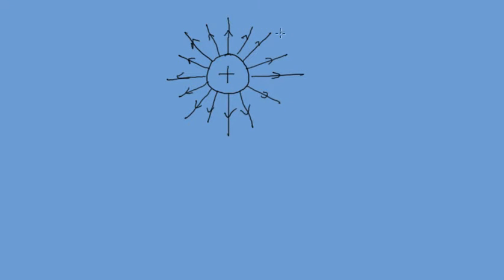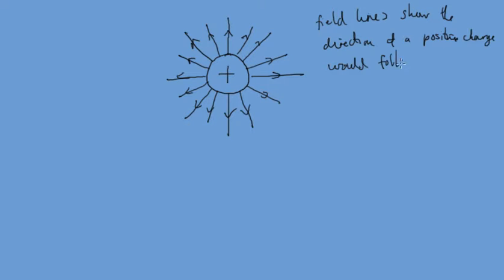So the field lines show the direction a positive charge would follow in the electric field.